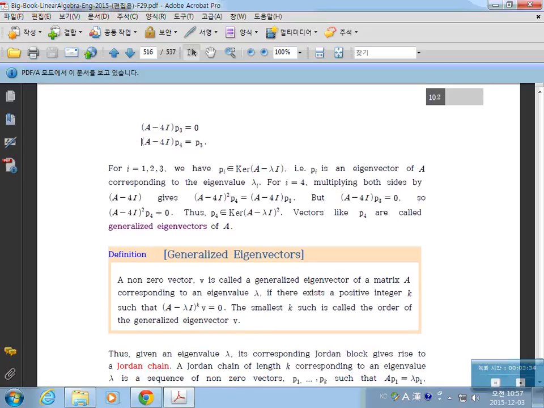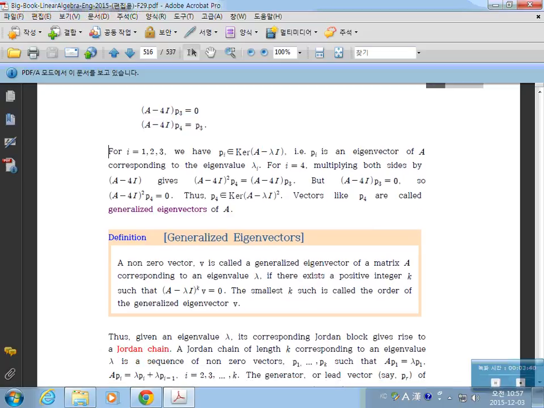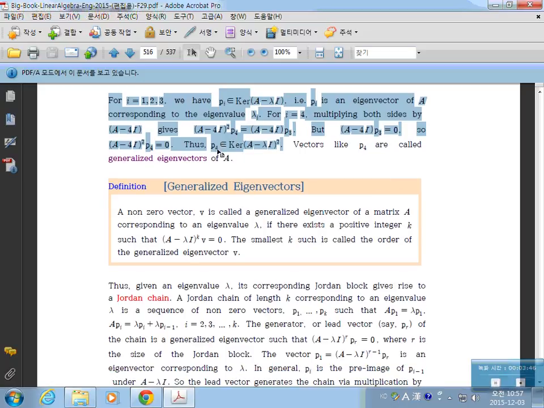What kind of relationships are involved here? In order to examine it, we analyzed the kernel of those, and these ideas give us the concept of generalized eigenvectors. It's not exactly an eigenvector by definition, but it generalizes the concept of eigenvector.